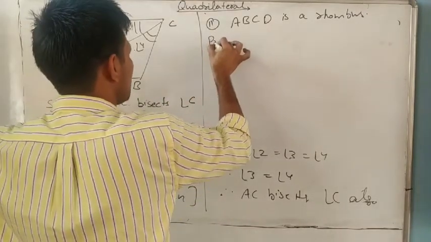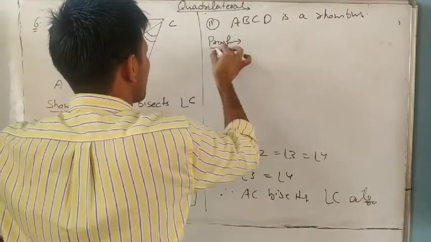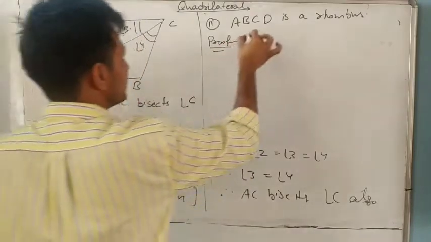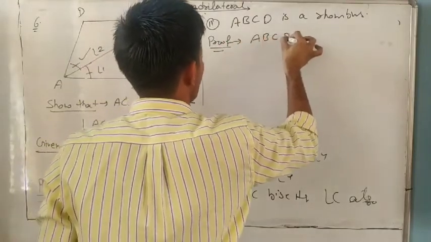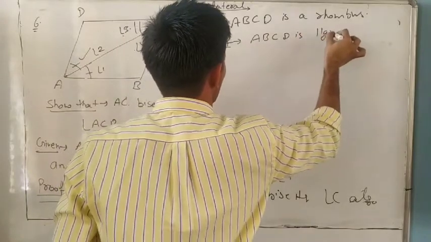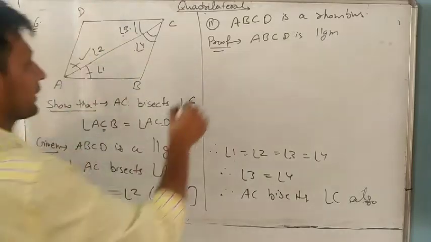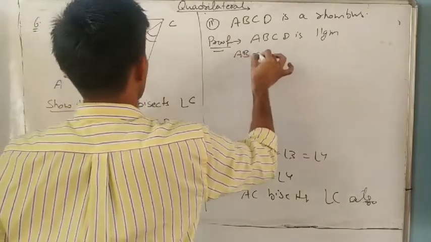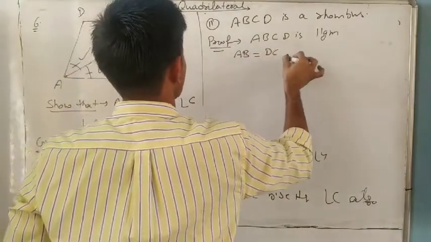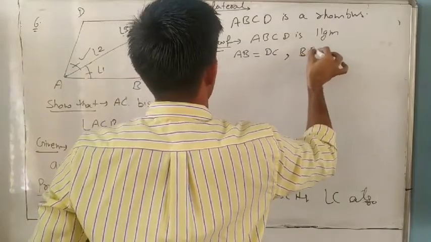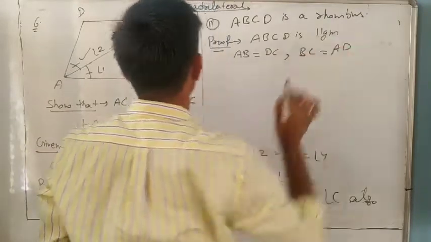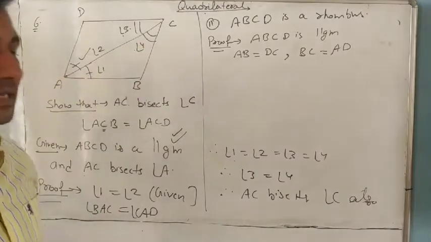So proof, how will you write? Proof: ABCD is a parallelogram. In a parallelogram opposite sides are equal. So therefore AB equals DC and BC equals AD. These are already equal. Understand?